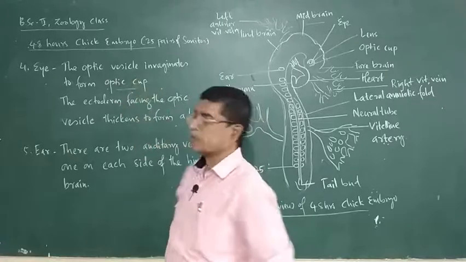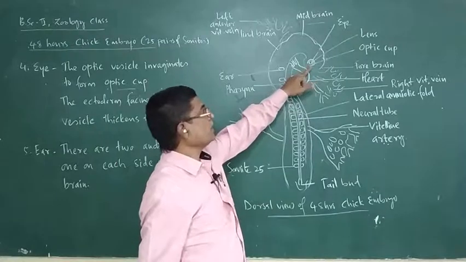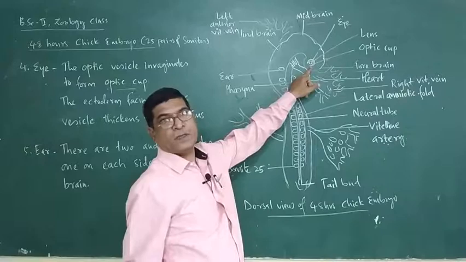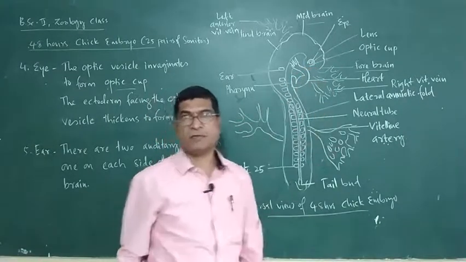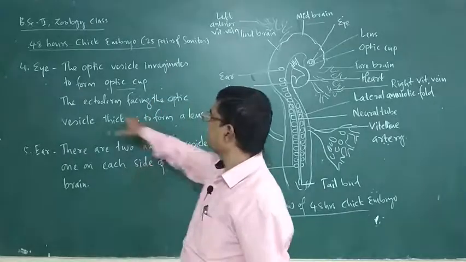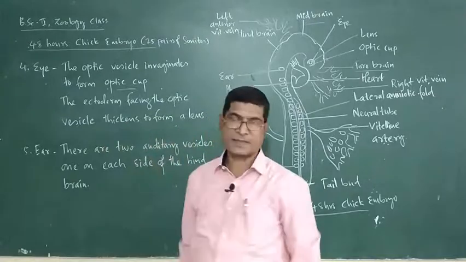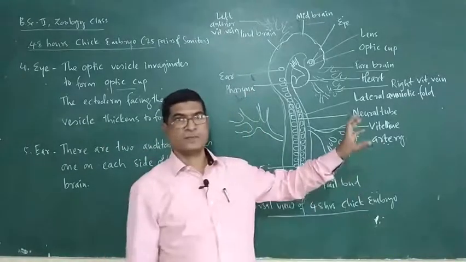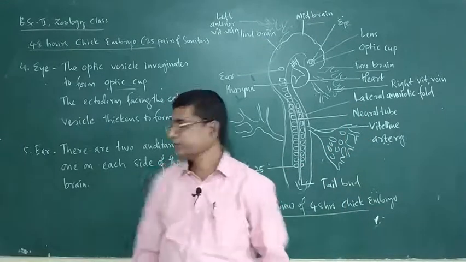This is the optic vesicle. It invaginates to form the eye. The ectoderm at this region becomes thicker and forms the lens. This is how eyes are formed. They are seen at this stage of embryonic development.